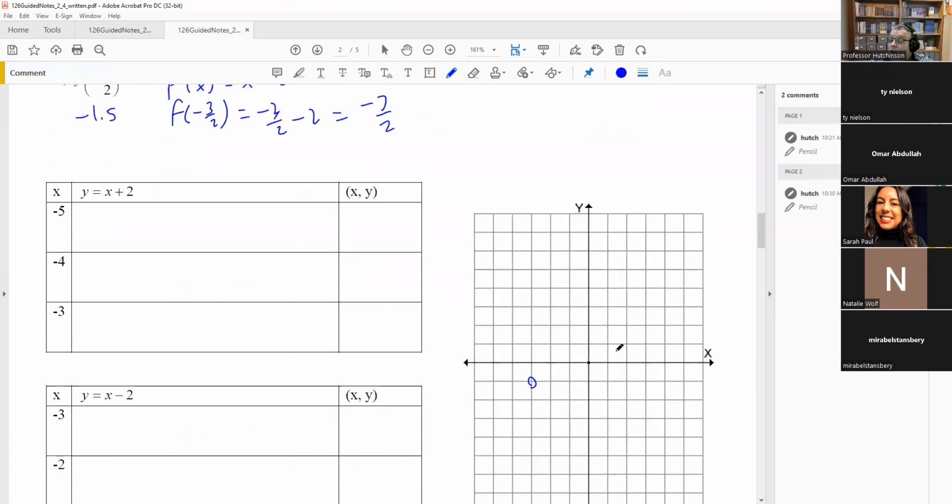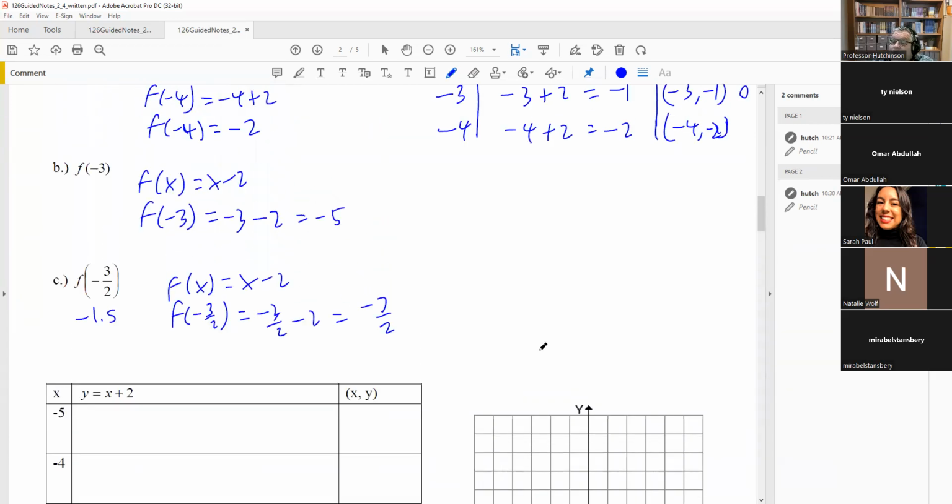Next one is -4, -2. -4, -2 goes right here. What's going to happen is we have a line that's going to connect these, so it keeps on going down like that. And so there's no more graph that appears after the open circle. The reason why you don't see a graph appear anywhere else to the right of -3 is because of the conditional statement.